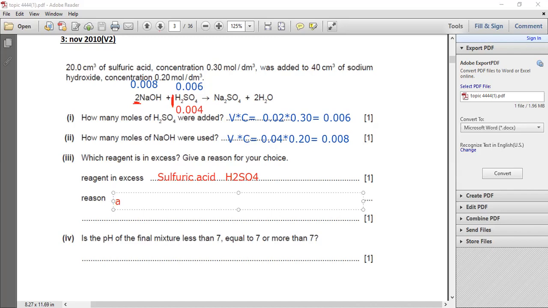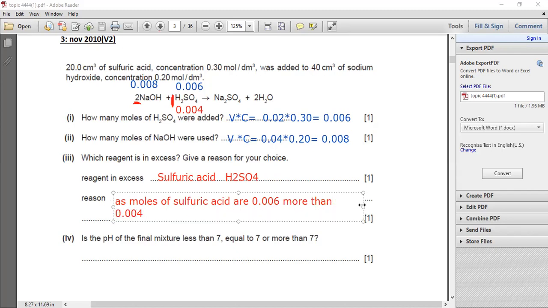The reason: as the moles of sulfuric acid, 0.006, are more than 0.004. So there is more sulfuric acid.